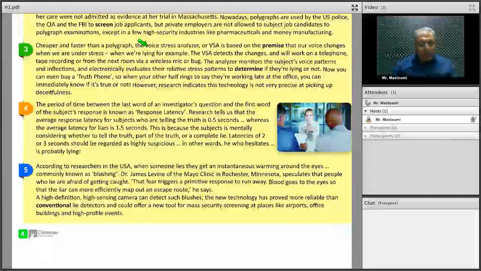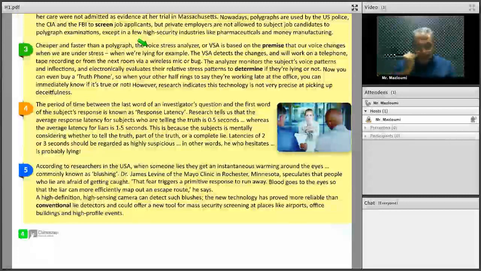So, it is based on the premise that some changes happen to our voice when we are under stress, when we are lying, for example. So when someone lies, some changes happen to their voice, and it is because of stress. And this gadget, the VSA, can detect, can find out these changes. The VSA detects the changes.